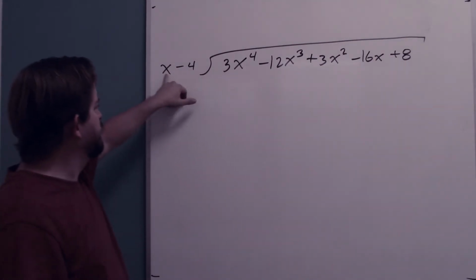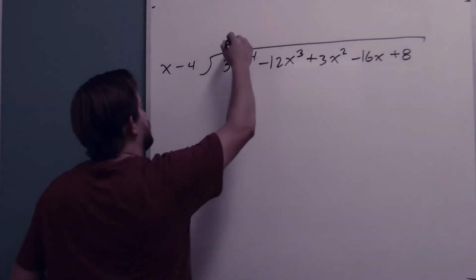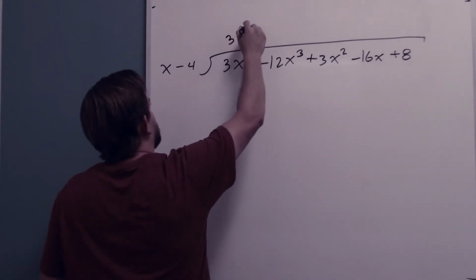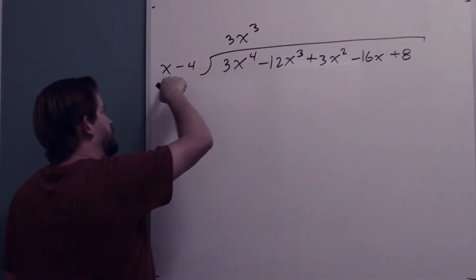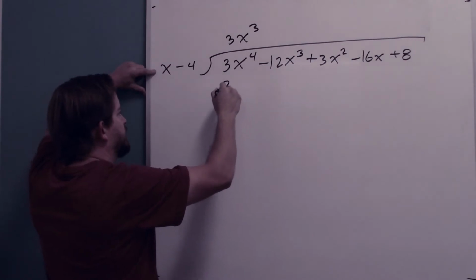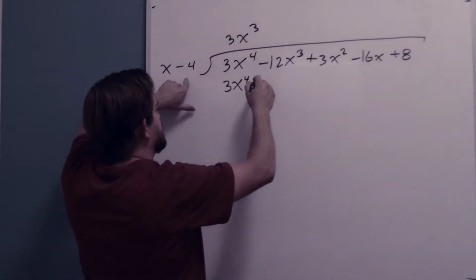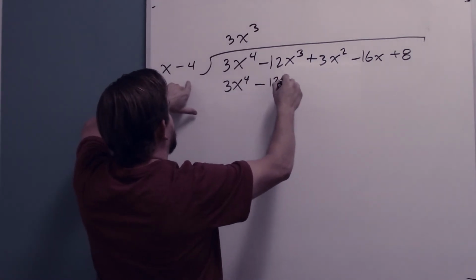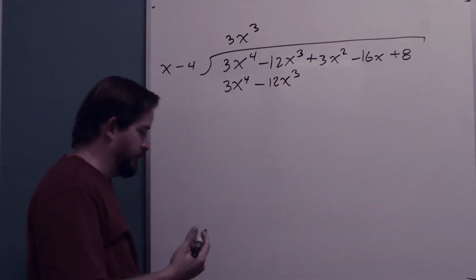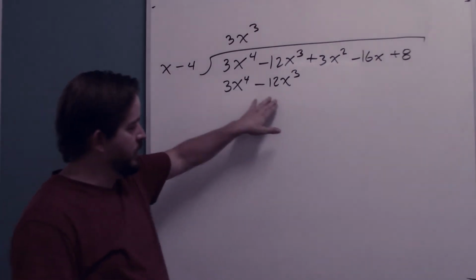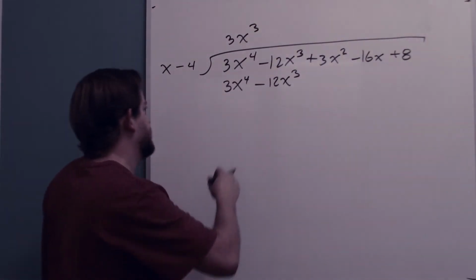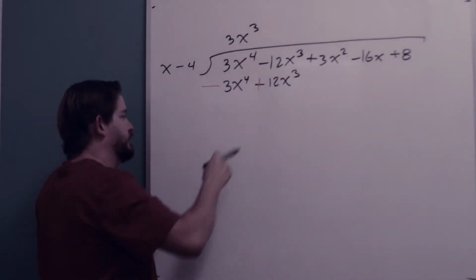So 3x to the fourth divided by x gives me 3x to the third. Then 3x to the third times x is 3x to the fourth, and 3x to the third times -4 is -12x to the third. Remember that you're subtracting what you got here, so you need to change the signs. So this is now minus, and that's now a plus.